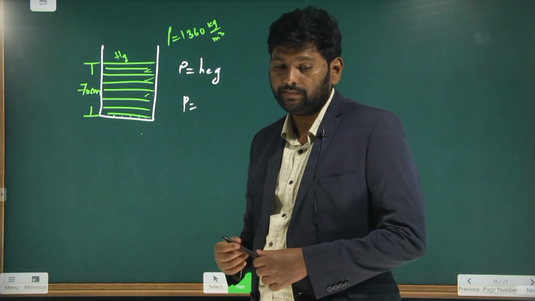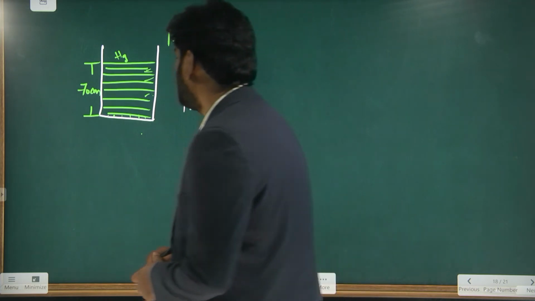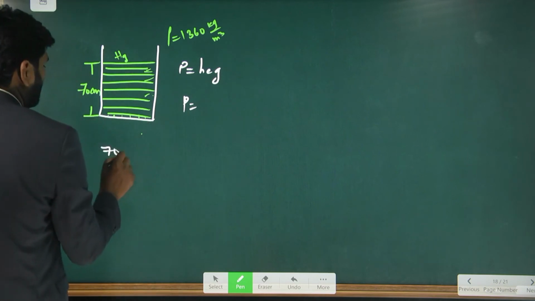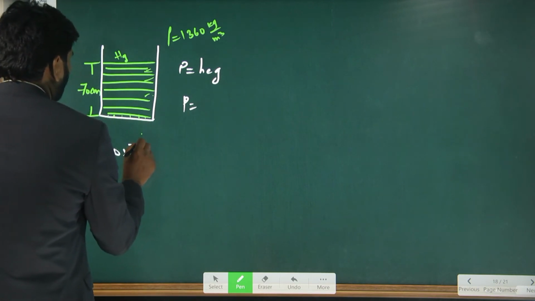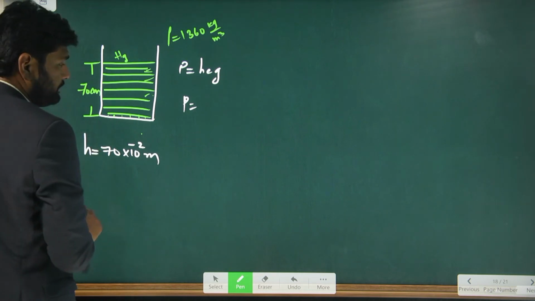The 70 centimeter must be converted into meters: 70 into 10 power minus 2 meter. This is the height value.